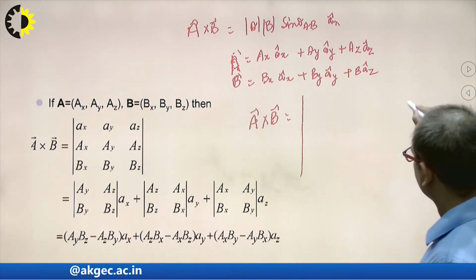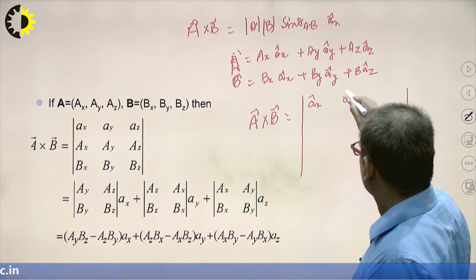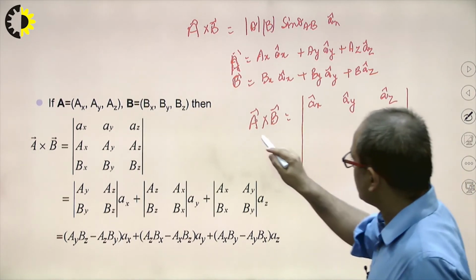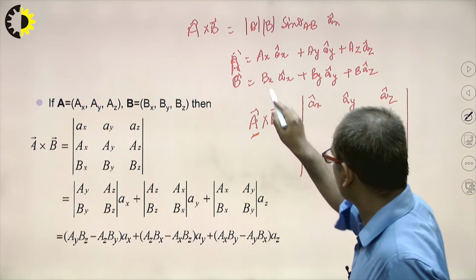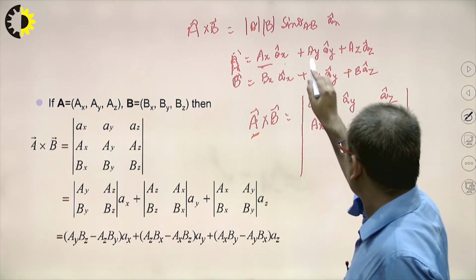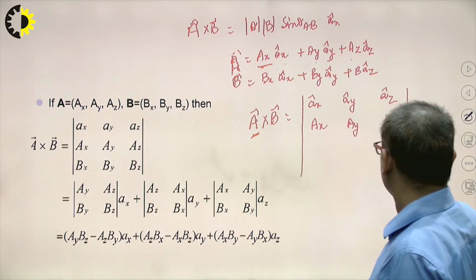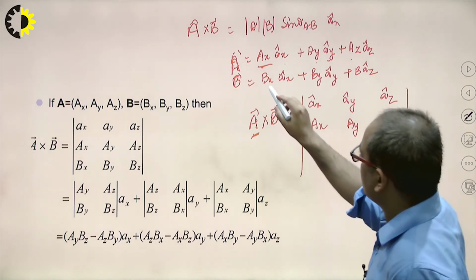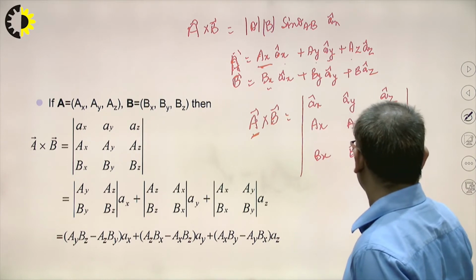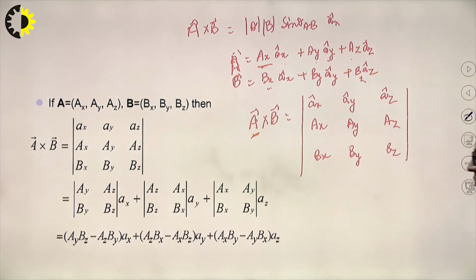Just see this one. Put the unit vectors here. Now just see, first is A vector. So we put the coefficient of a cap x in the A vector, which is ax, for a cap y that is ay, and in this az. Clear? And in the B vector, here bx, by and bz.